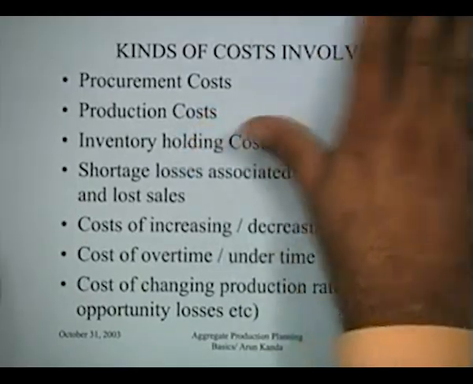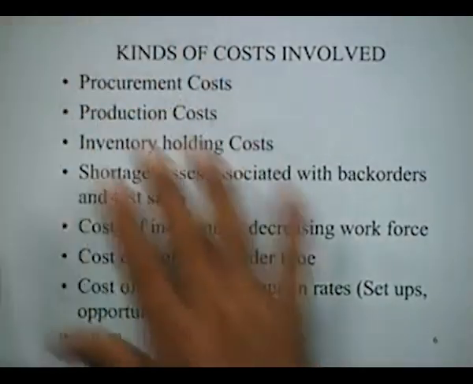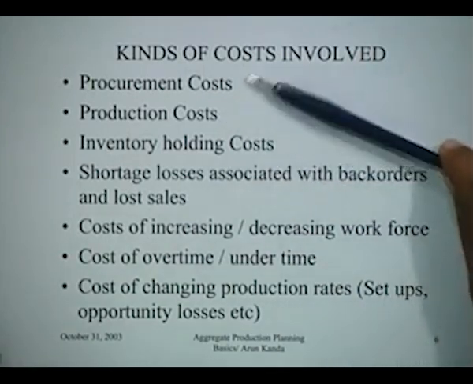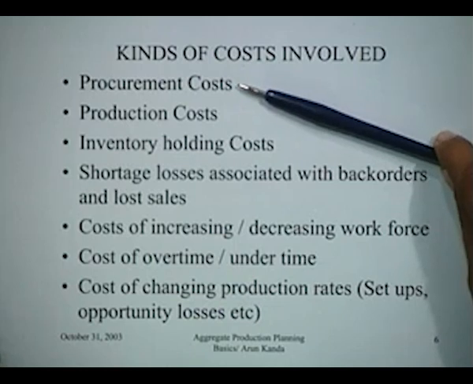So, before we talk about the problem involved, let us try to identify the kinds of costs which are there in typical aggregate production planning. One of the major costs involved is procurement cost, right. Whenever you are producing, you have a typical option of either buying the material or producing the material.